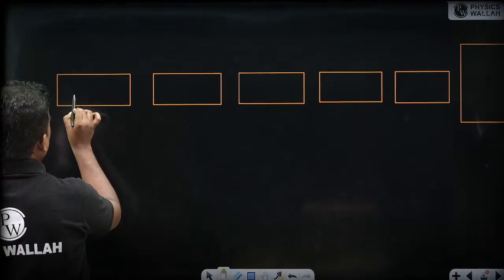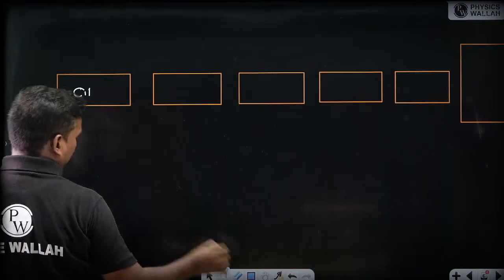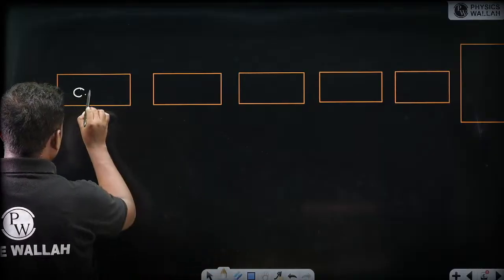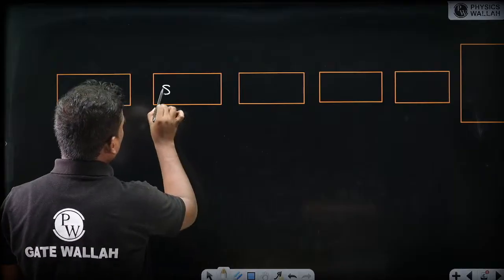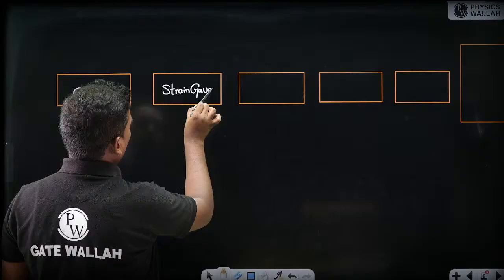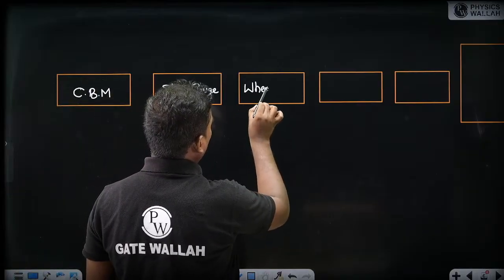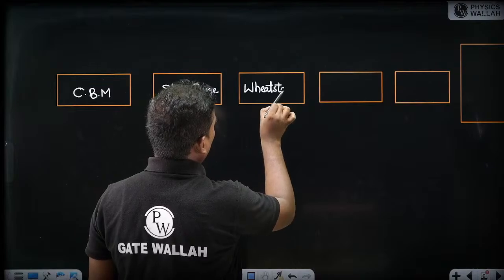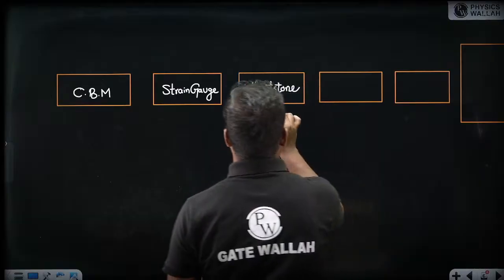So see here, various blocks. This is cantilever beam. Next connected one is strain gauge. Next connected one is the Wheatstone bridge.